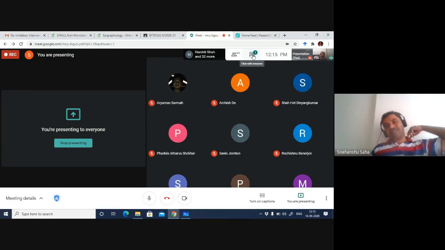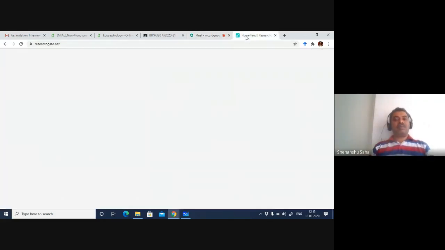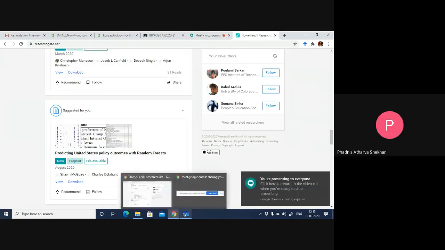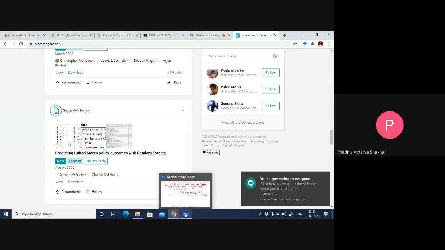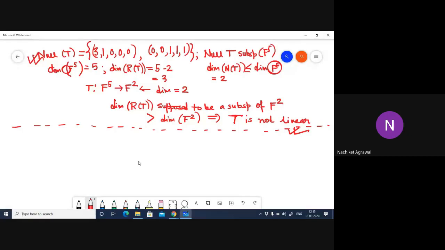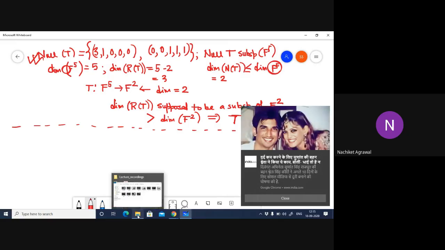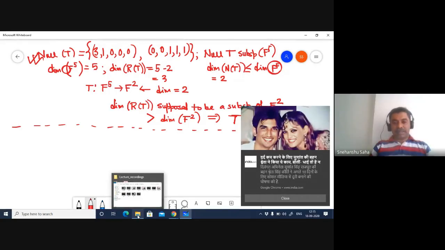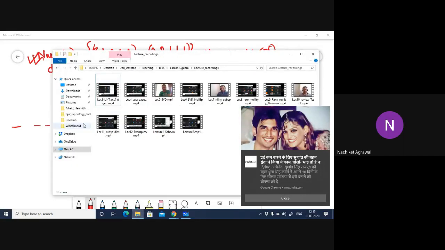One of the options was that T is linear, so that has to be false. We agree it cannot be a linear map.